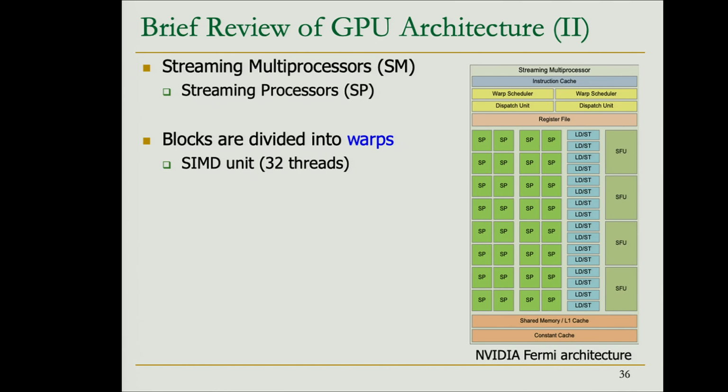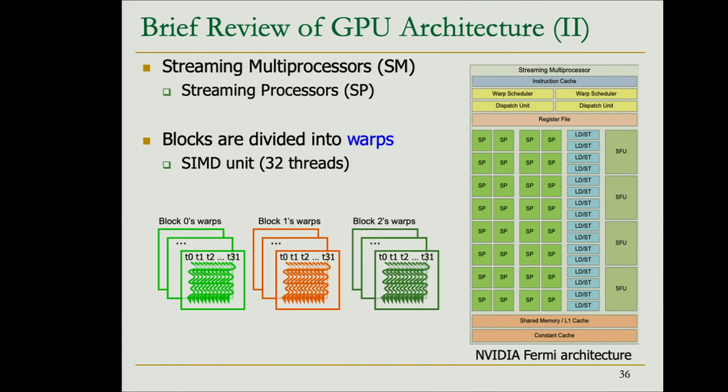Recall that thread blocks are mapped onto the GPU cores or streaming multiprocessors, and there they are divided into warps of 32 threads. Whenever the warp scheduler fetches a new instruction, it's going to fetch an instruction that can actually be executed. There are no dependencies. If for whatever reason we need to wait until the previous instruction finishes to have a partial result as an input operand of the next instruction, this instruction won't be eligible.